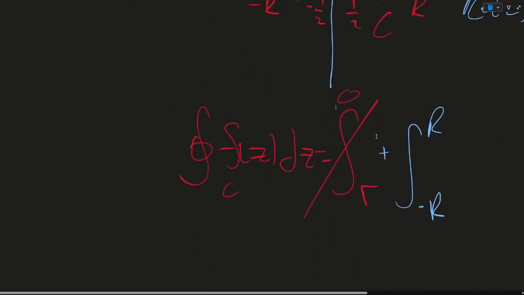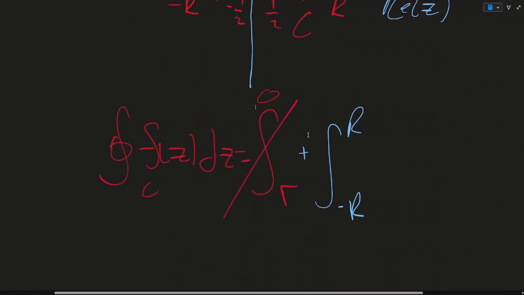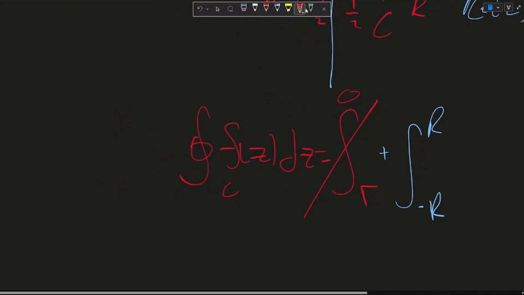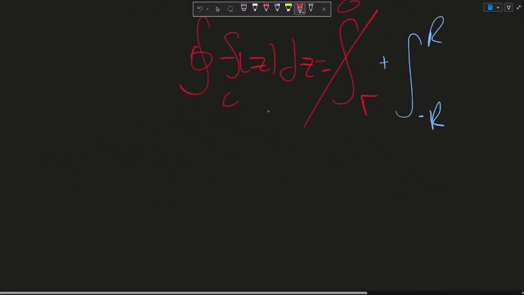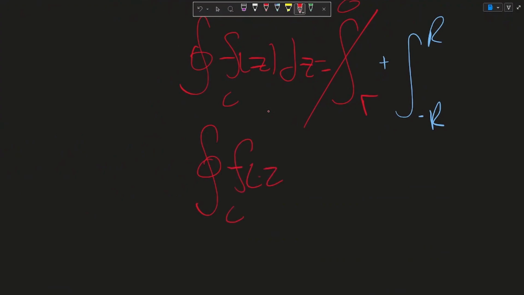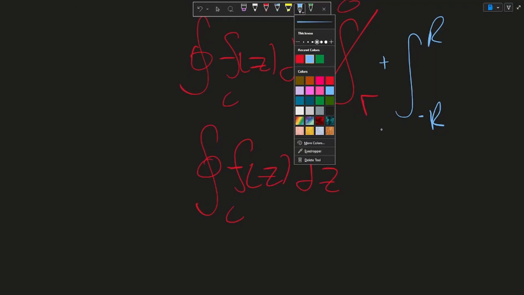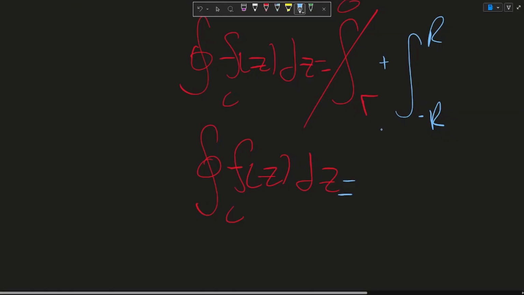Any contour integral of that form will always converge to 0 by Jordan's lemma. So we have a nice simple case whereby the contour integral is simply equal to the integral across the whole real line, from negative R to R.